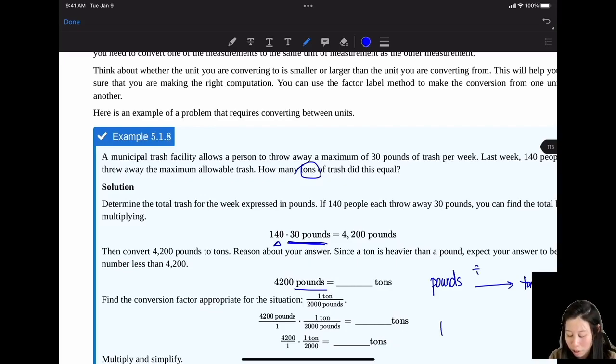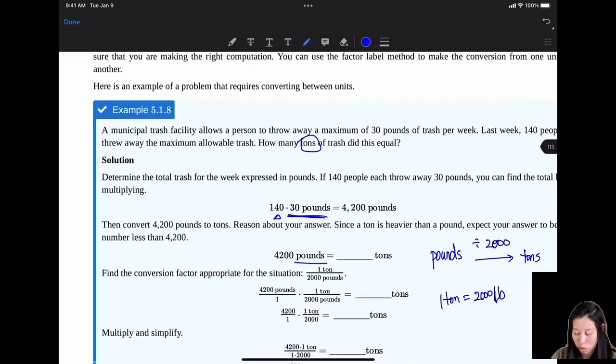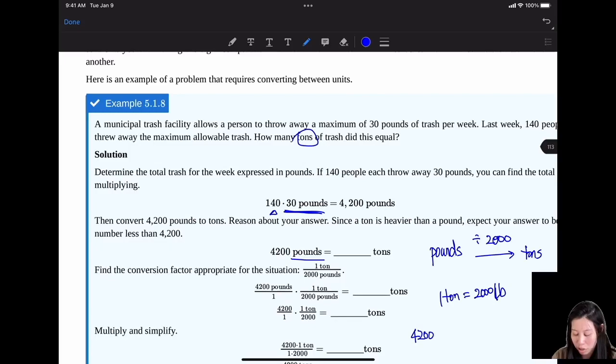So 1 ton equals 2,000 pounds. So that means the conversion factor is 2,000. You want to use 42 pounds divided by 2,000.